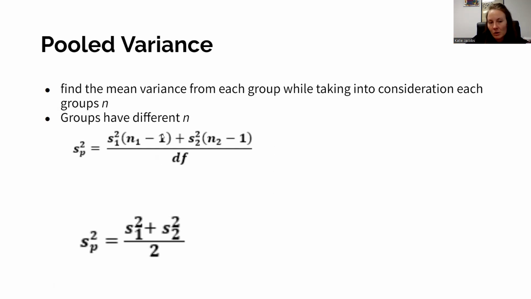The formula is a little bit more difficult because you have to take into consideration which group had more participants in it so you can account for it. However, if you have the same number of participants in each group, you can just take the average of the 2 variances to find the pooled variance.